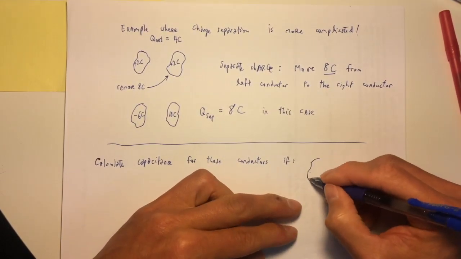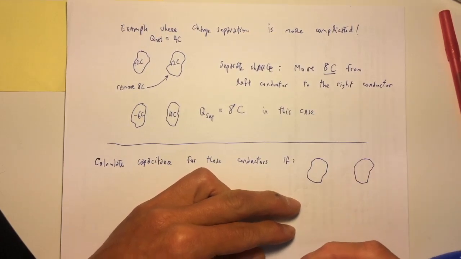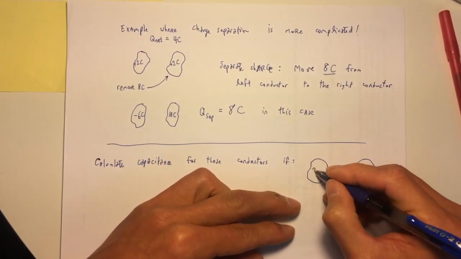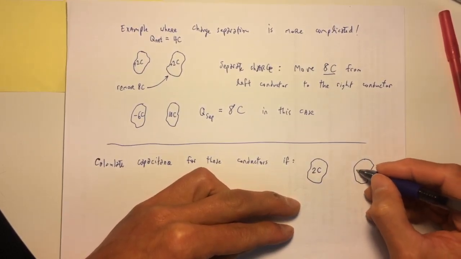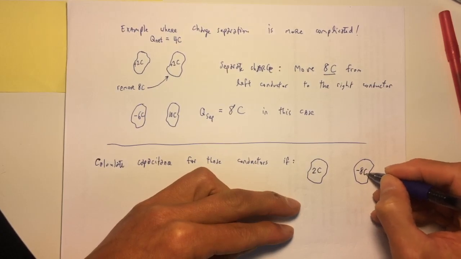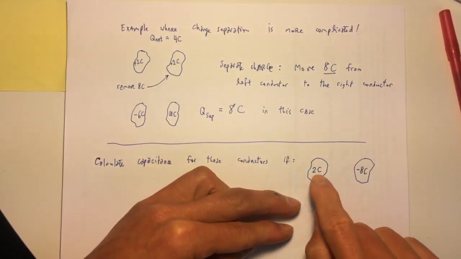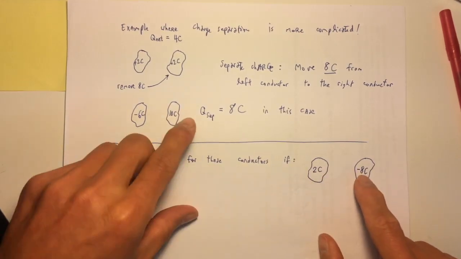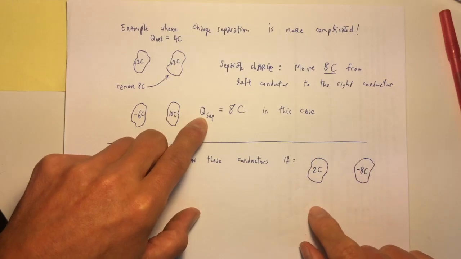So I've got this conductor and this other conductor. So I've got these two separated conductors. Turns out that the charge here is positive 2 coulombs, and the charge here is negative 8 coulombs. That's just the charge of the two conductors. But neither of these charges is separation charge. So I've got to figure out the separation.